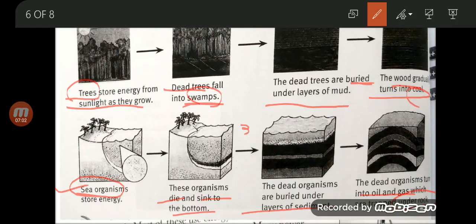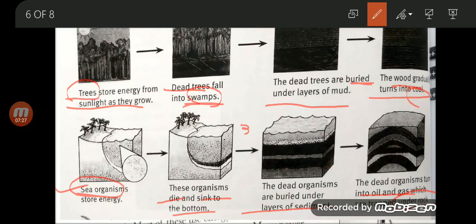I will repeat this slide. Trees store energy from sunlight, so they are a store of energy. Dead trees fall into swamps. Dead trees are buried under layers of mud and then the wood gradually turns into coal. Now, I have told you coal, oil, natural gas. These are three non-renewable energy resources.